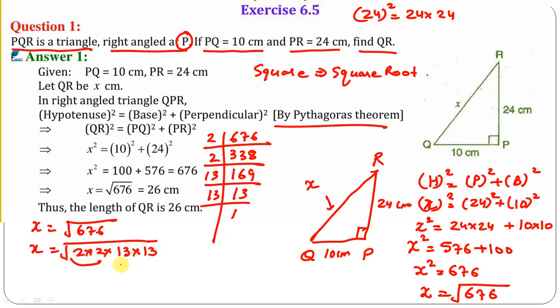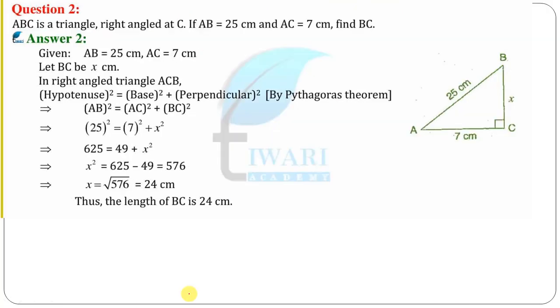So we make pairs: the first pair is 2 into 2, the second is the 13 pair. One pair is cancelled with the square root, and the other pair is cancelled with the square root. You will obtain 2 into 13, that is 26 centimeter, which is your required answer.